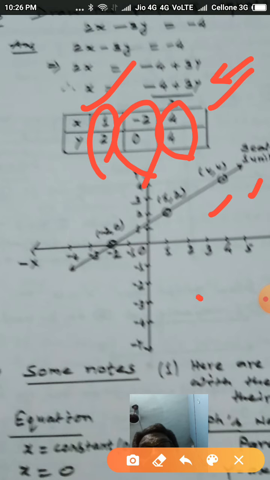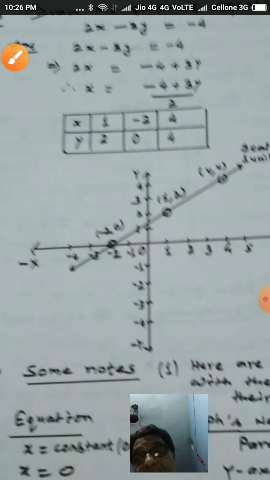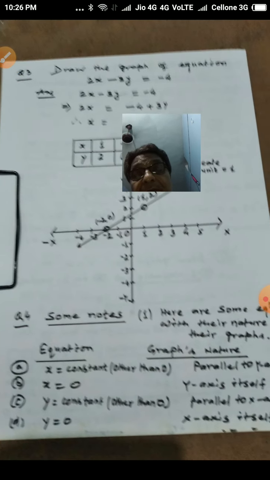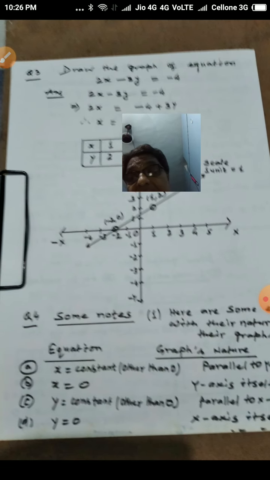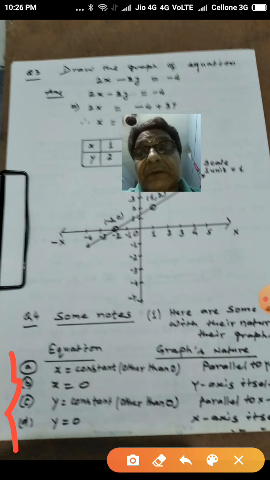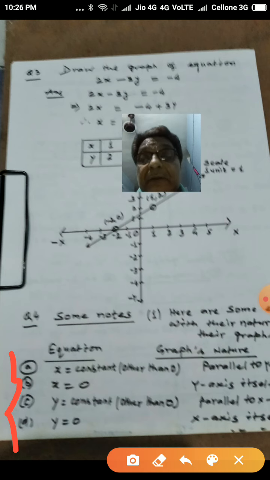Okay, so here are some key points we have noted, so we must memorize these 4 points. These are very important. And what is this? Here you see 2 columns are made.